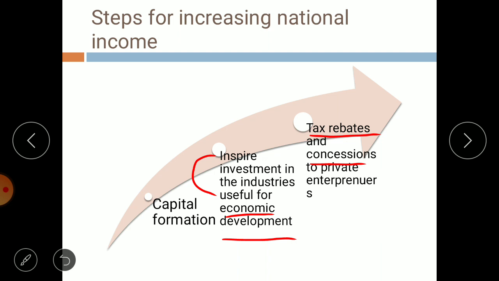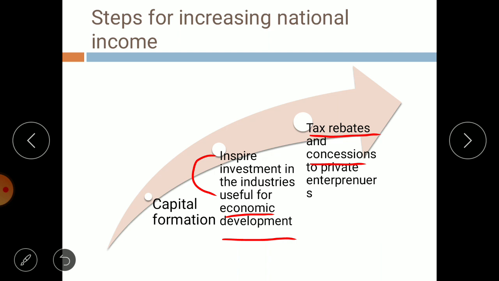During this time period, as their income is increasing, it doesn't mean that they will store it in a treasury. In any way they will spend in the economy. So in that way other people's income will also increase. When one person's income is increasing, he will increase his demand to purchase so many products, and the person from whom he purchases, that person's income will also increase.